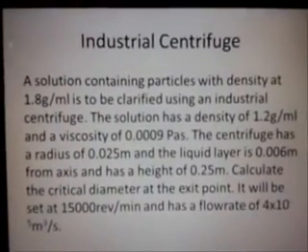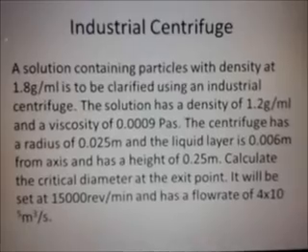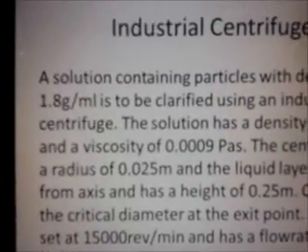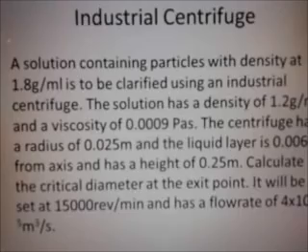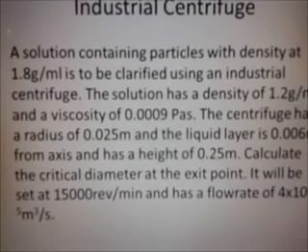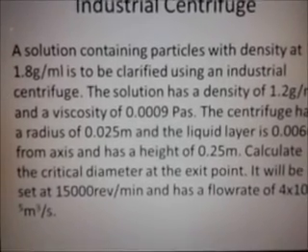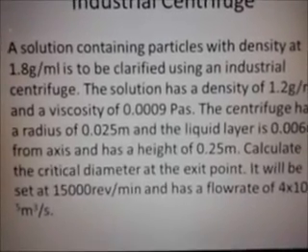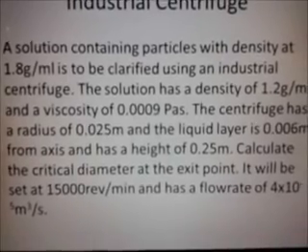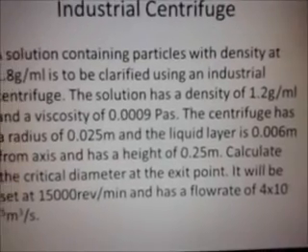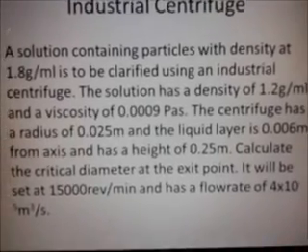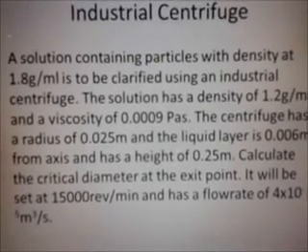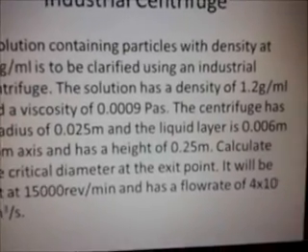Next problem is about industrial centrifuge. So the problem reads: a solution containing particles with density at 1.8 gram per ml is to be clarified using an industrial centrifuge. The solution has a density of 1.2 gram per ml and a viscosity of 0.0009 pascal second.